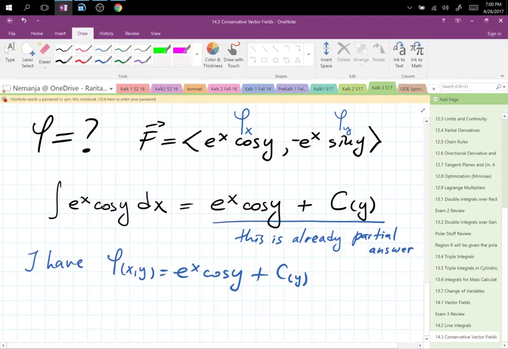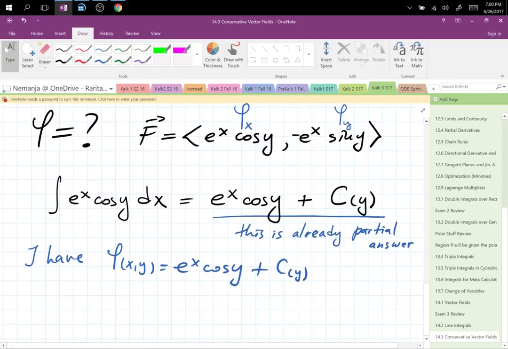And now here's the genius step. Differentiate this partial answer with respect to y to get phi y and equate it to this to figure out what's missing. And I don't want to break it.